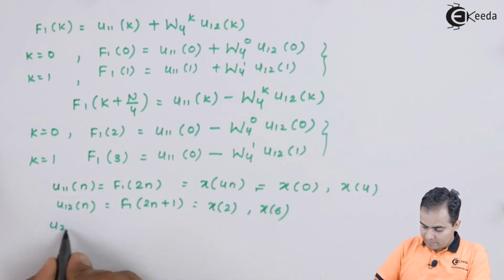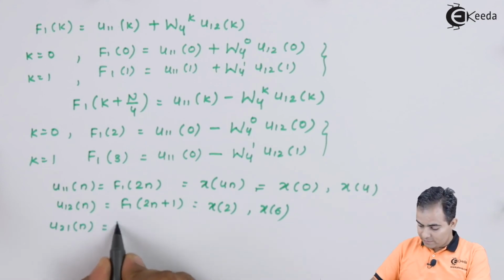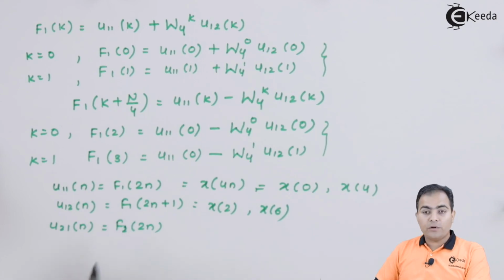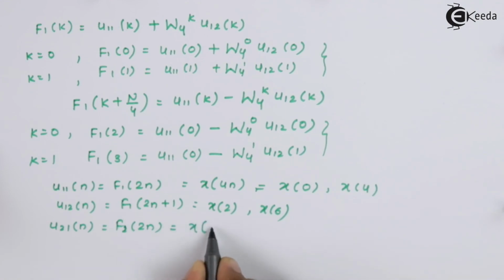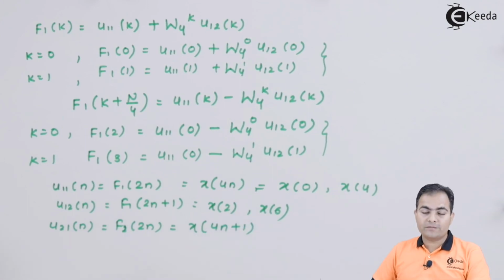Similarly, u21 of n is f2 of 2n. Basically f2 of 2n was the odd part of x of n. So you will get x of 4n plus 1.